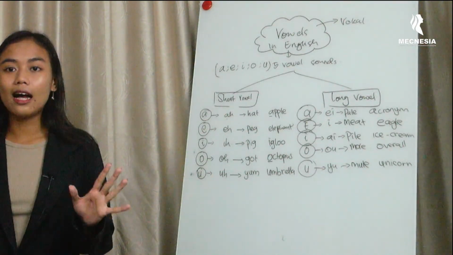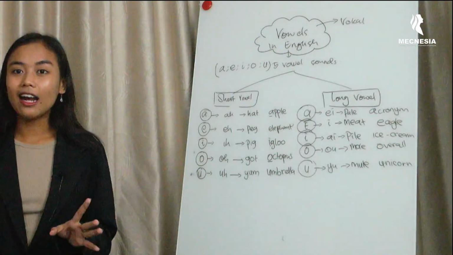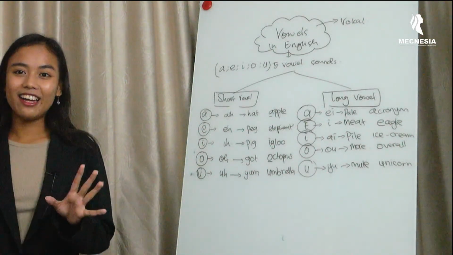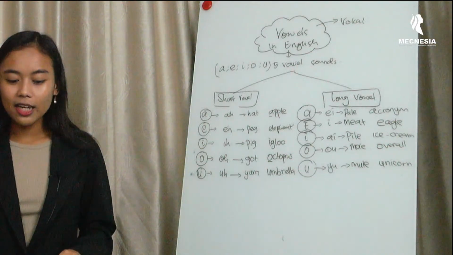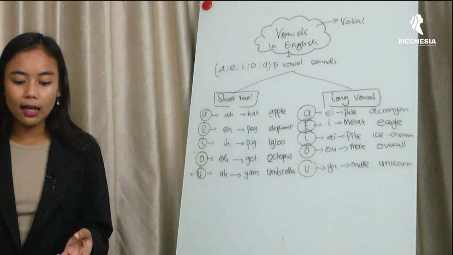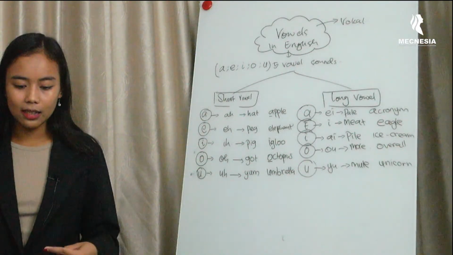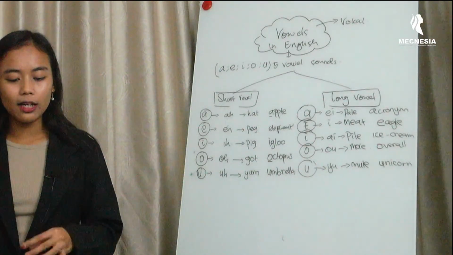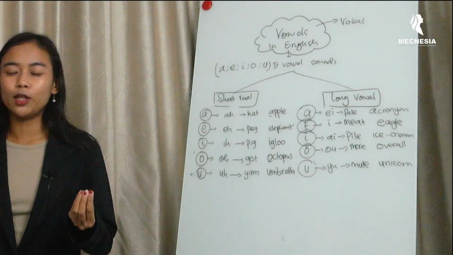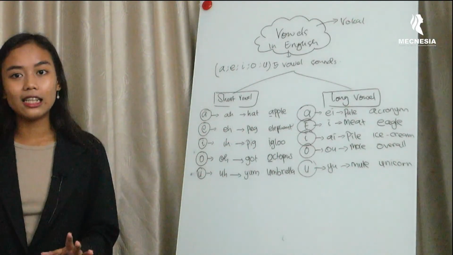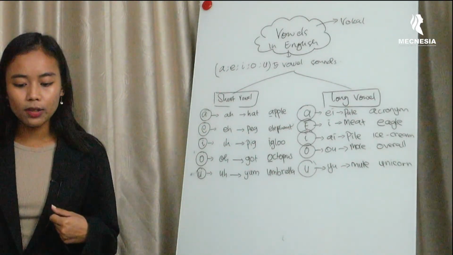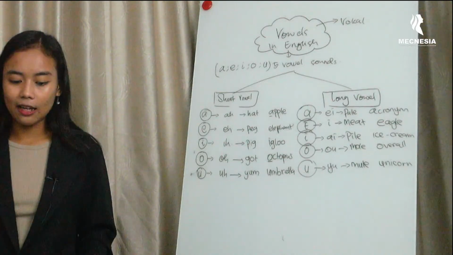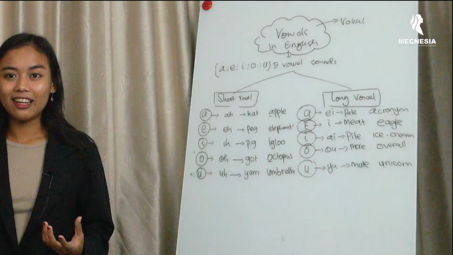Next, night. The next one is when the I is followed by E that is silent. Aturan selanjutnya ketika huruf I ini diikuti oleh huruf E yang silent, tidak dibunyikan. For example, in the word tie, tie.